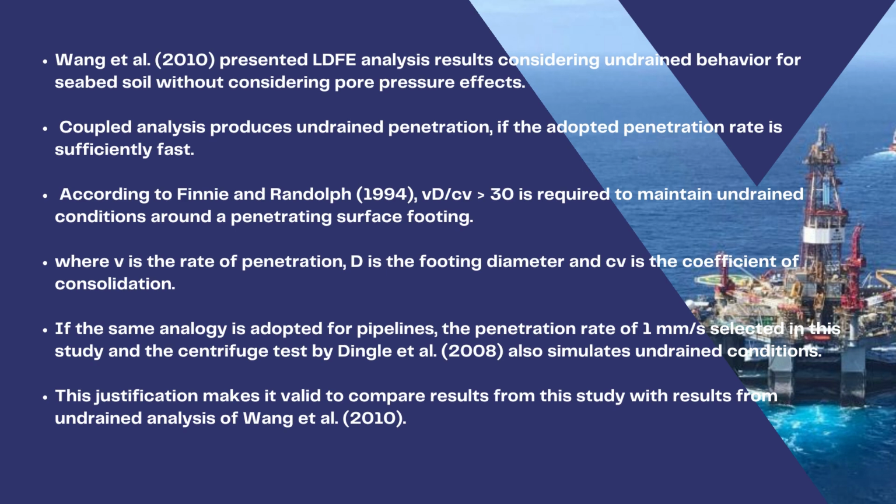So, in our paper also, we used a coupled analysis, but the consolidation analysis was simulated using a fast penetration rate of 1 millimeter per second to simulate an undrained condition, because only then can we compare it with the published results from previous cases.